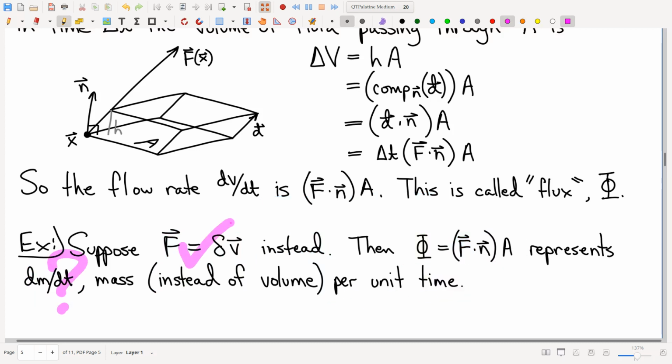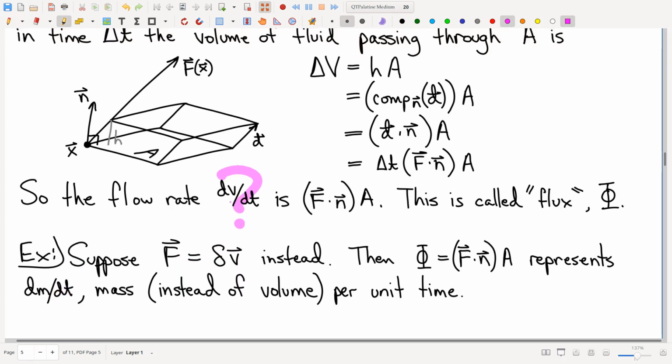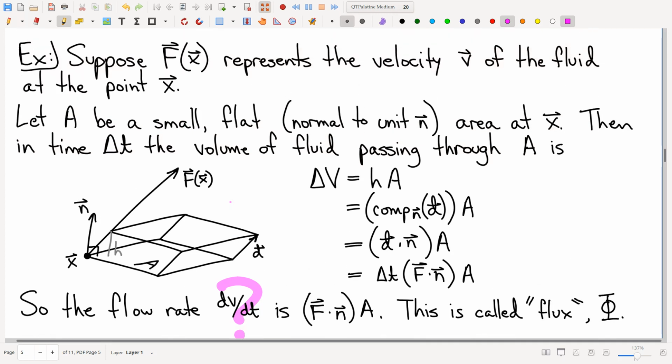In such a case, make sure your vector field has that factor of density in it. On the other hand, sometimes what you're interested in is volume per unit time. In those cases, make sure that your vector field does not have the factor of density in there.